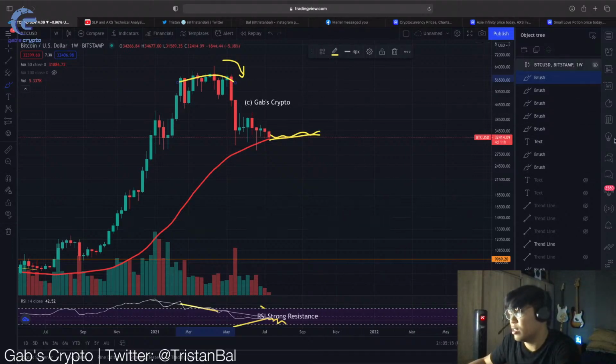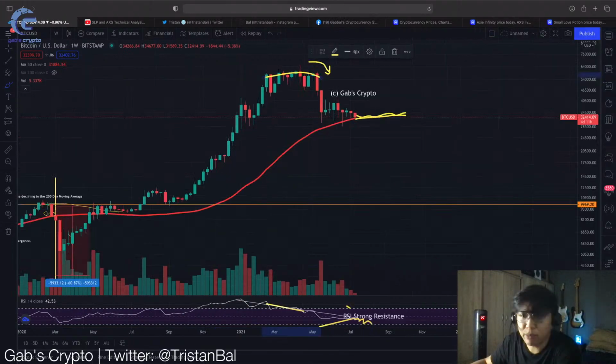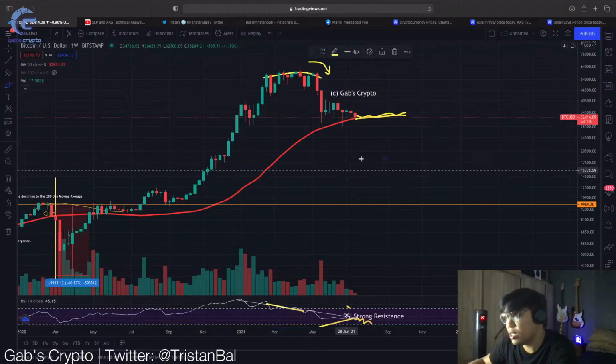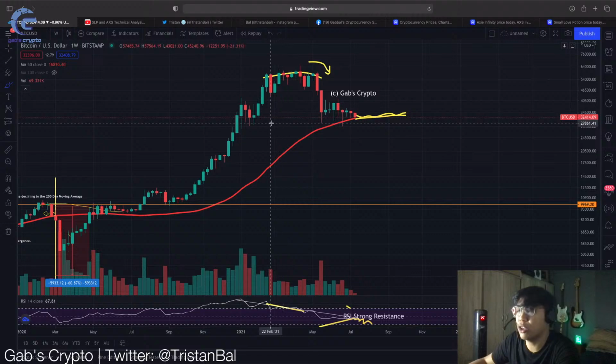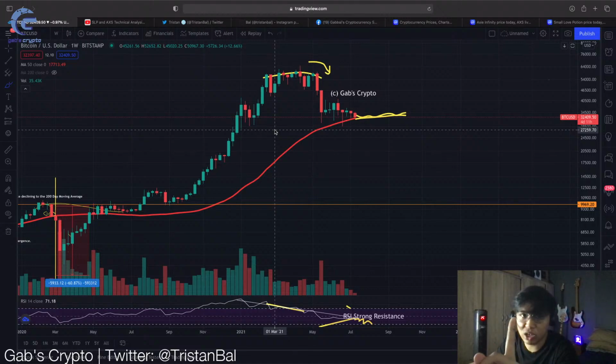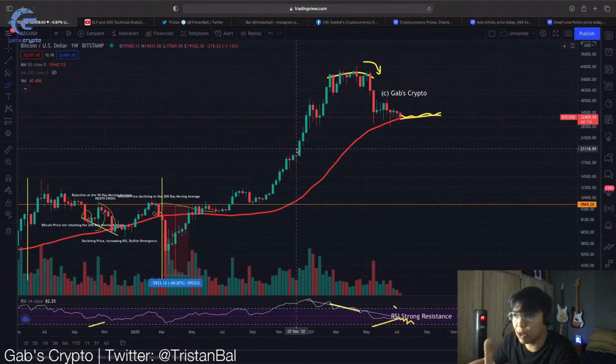Pero is this at the start of a bear market? For me, to be honest, I don't think na we are about to enter a bear market. Though, meron tayong one indicator lang na nagsasabi ng bear market.